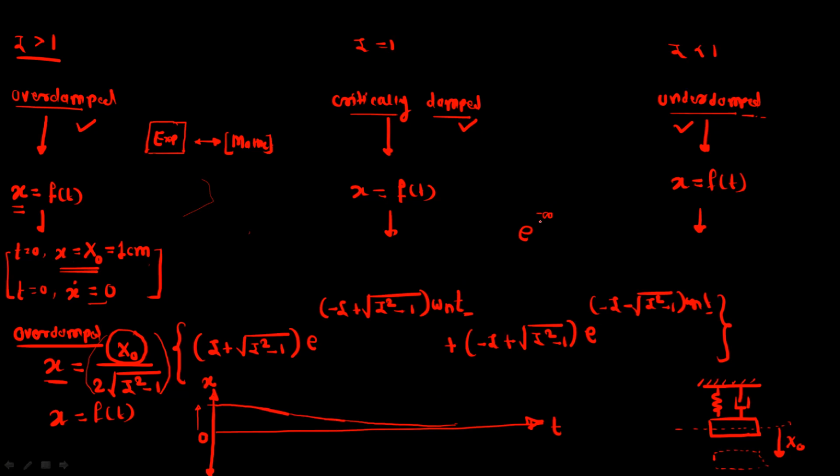So only at this condition will it be at the 0 point. Theoretically, it will not cross or touch the 0 line. So this is the slow system. That means if you displace the mass from the equilibrium point and allow the system to vibrate, then slowly that mass will approach the equilibrium position.